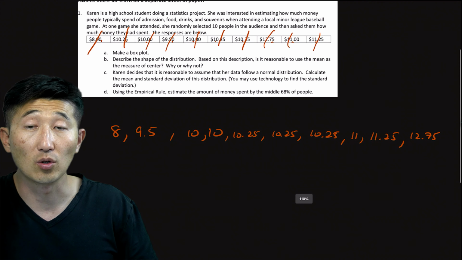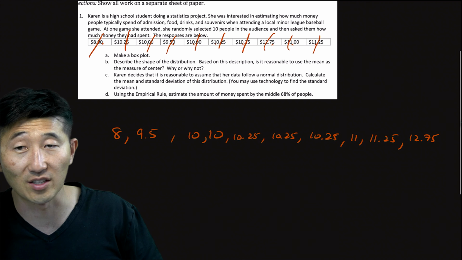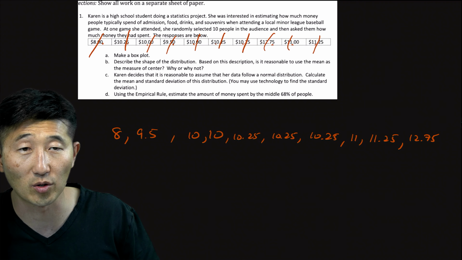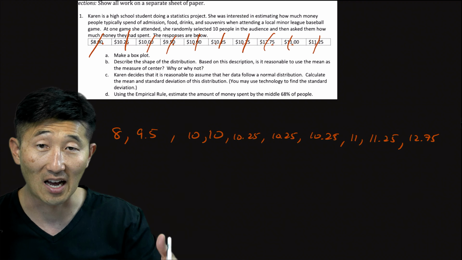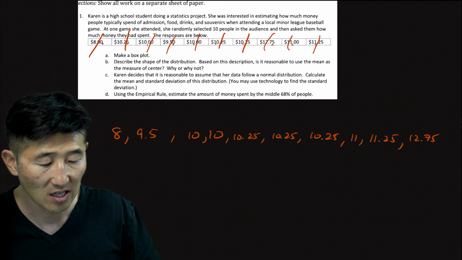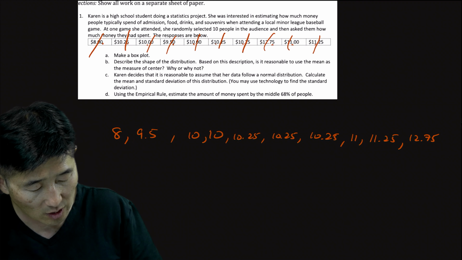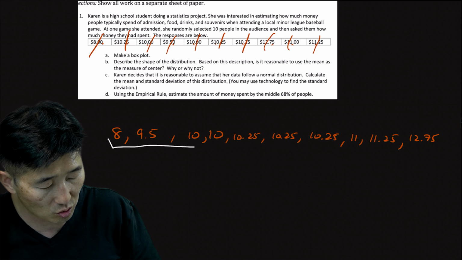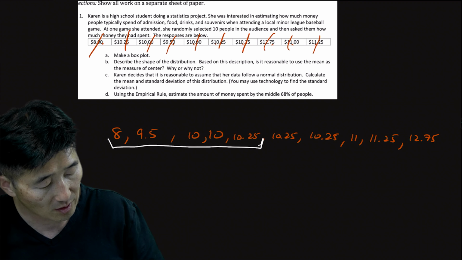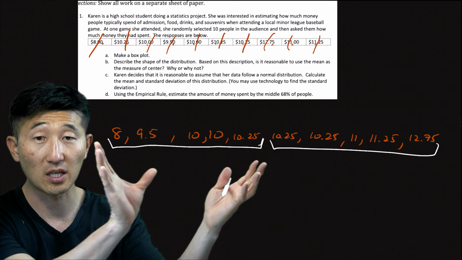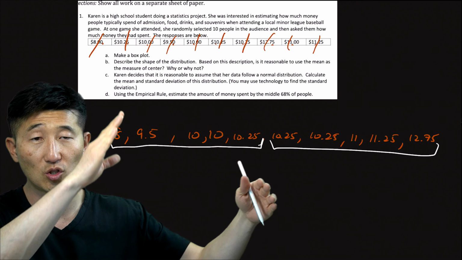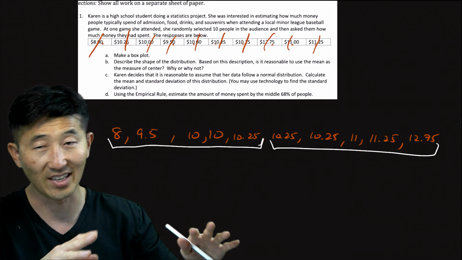So this is obviously the hardest part of this, right? Putting in numerical order without messing up. What you want to do is cut the data in half. There's 10. If you divide it by 2, you're going to get 5. So group them into 5, 1, 2, 3, 4, 5, and then the second group also has 5. Now, use these little buckets. It's the best way. I know some teachers do this slashing thingy. Hate that.